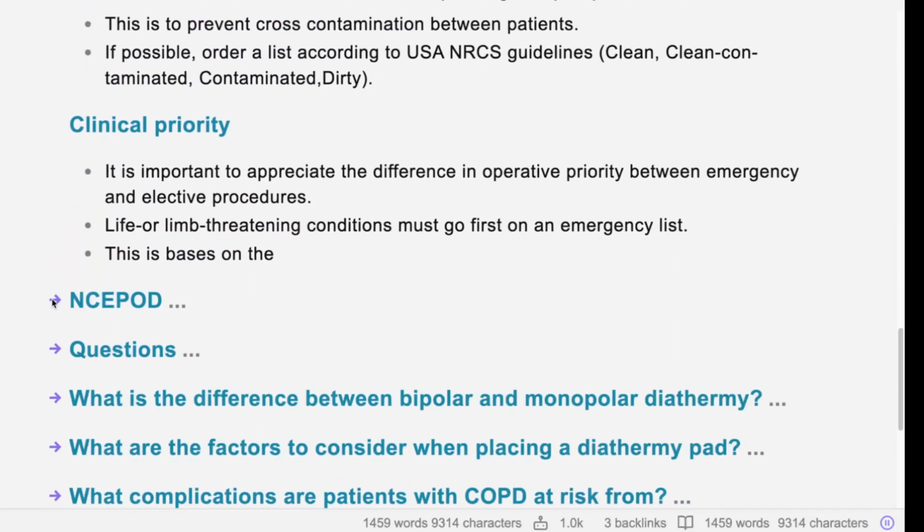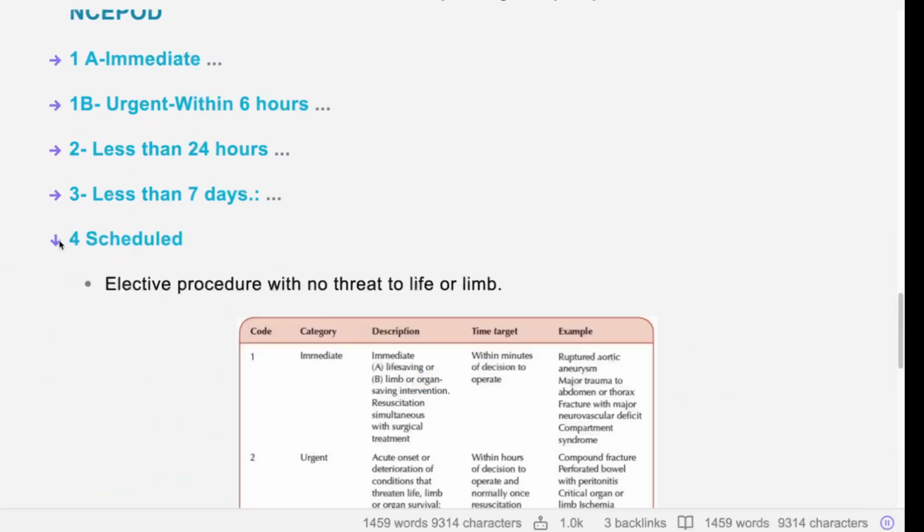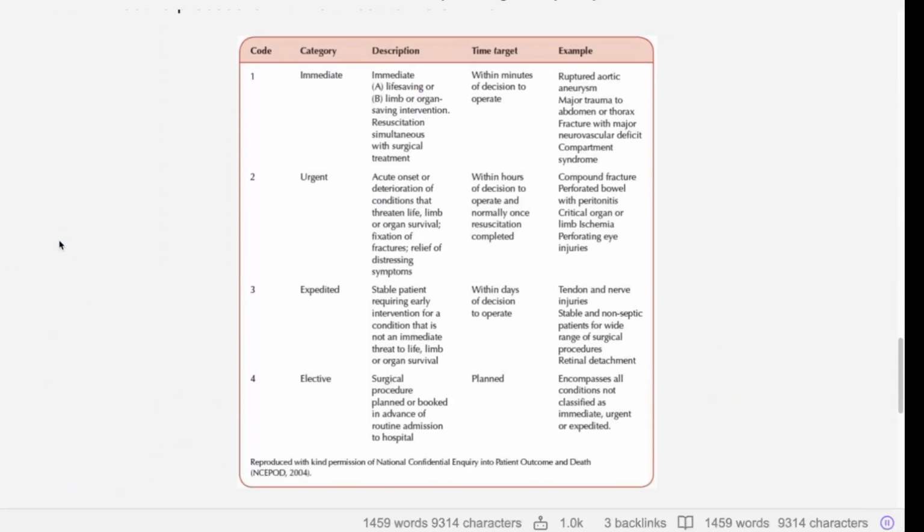Cool. Going to NCEPOD, the classification is divided into 4 things: immediate, urgent, expedited, and elective. Immediate is life or limb saving, for example AAA, abdominal aortic aneurysm, and also patients with major trauma with neurovascular deficit or compartment syndrome.